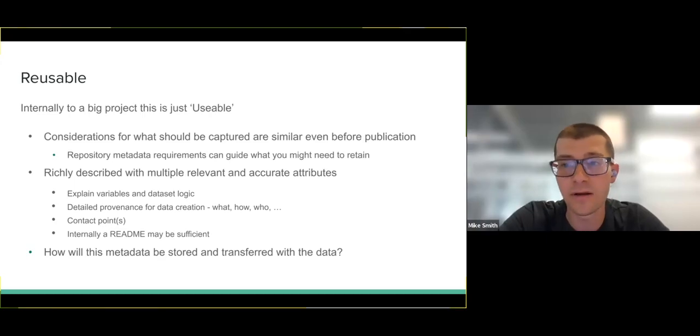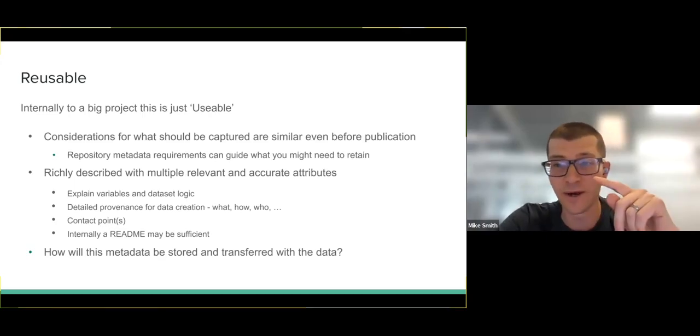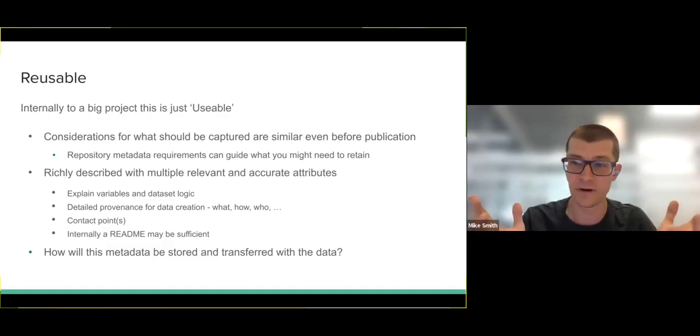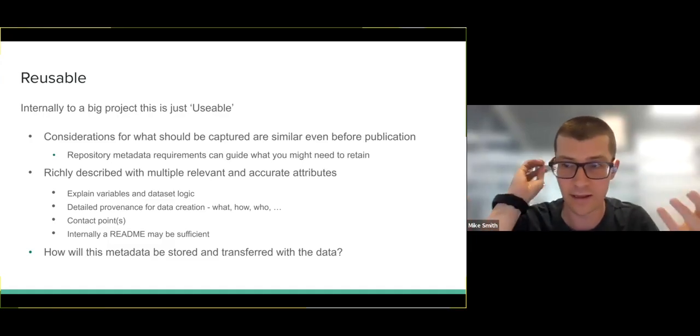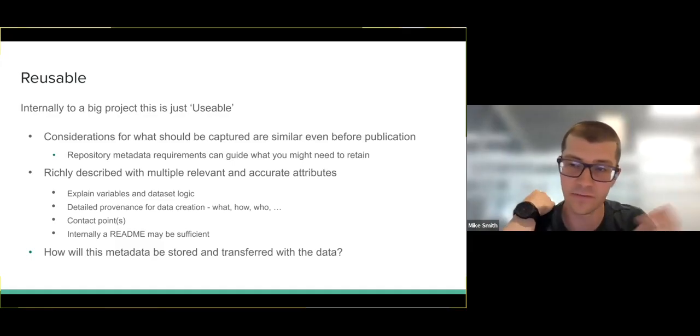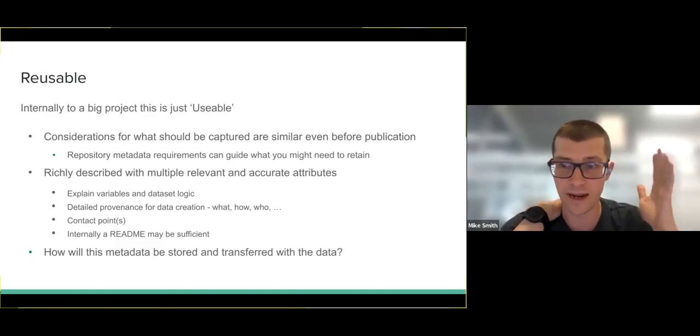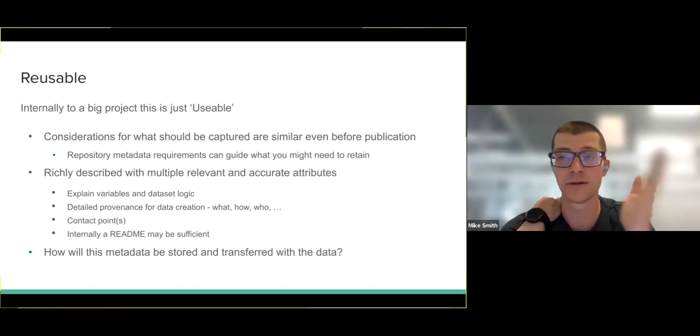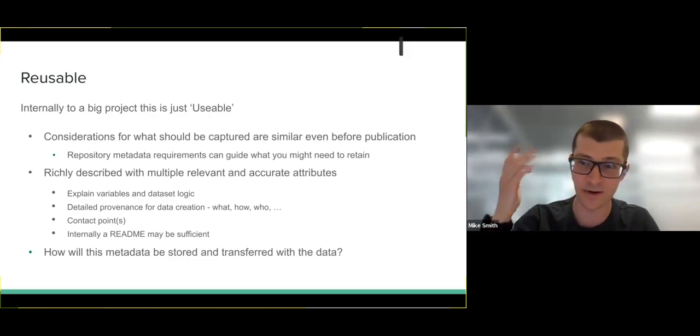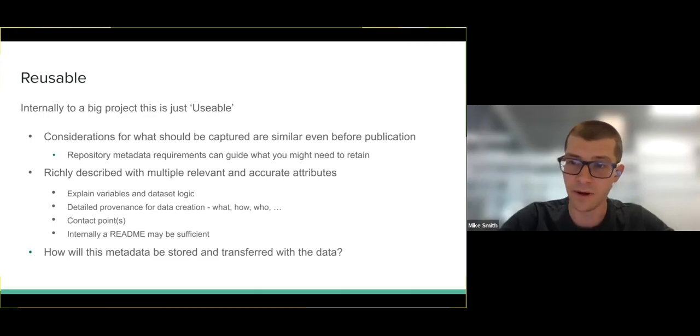And one place you can look for that is at the places you might deposit it right at the end of your project and ask, what metadata requirements do they have? Is there an existing metadata standard for the field we work in? And think about how you can capture those right back at the beginning when you're generating the data. Then they're useful during the lifetime of the project while people are working on it, and they also still exist at the point where you need to provide them in the public deposition of the data.